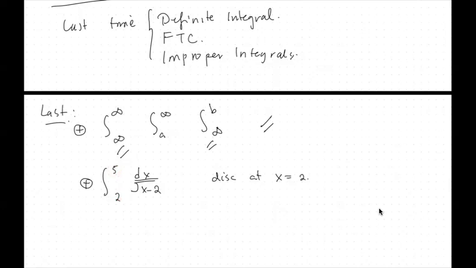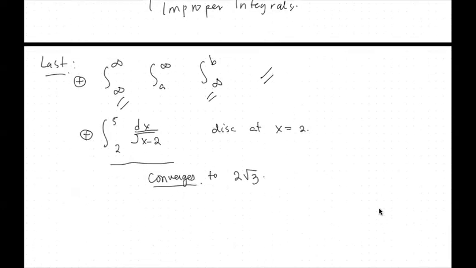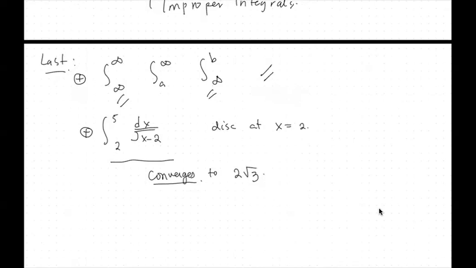And we learn that this integral converges. When we say it converges, this has a limit. It converges to 2 square root of 3. And we say that the integral converges if there's a limit, and diverges if it has infinite, or it is divergent in the sense that we have a divergent before.